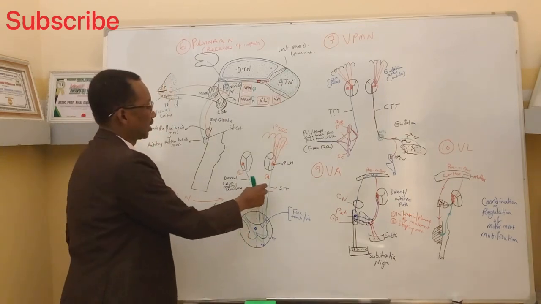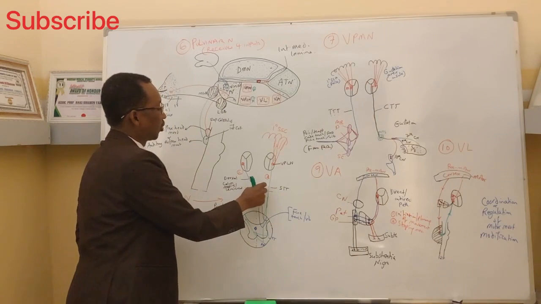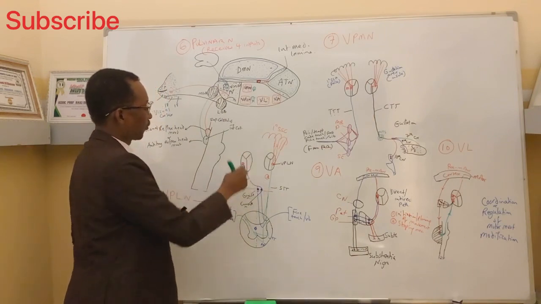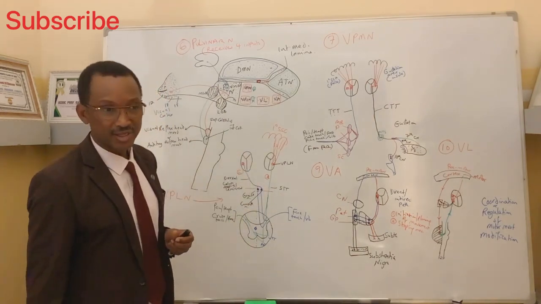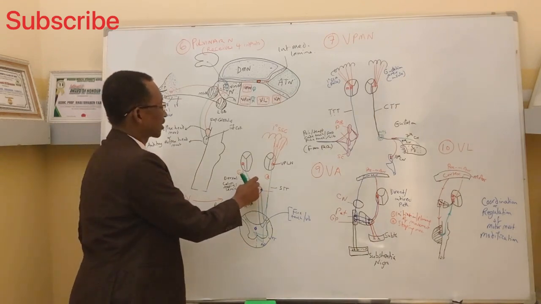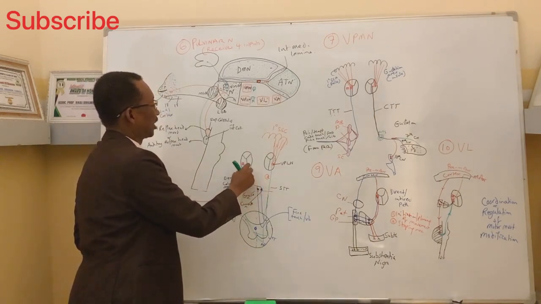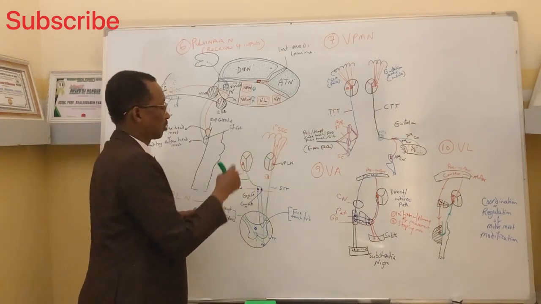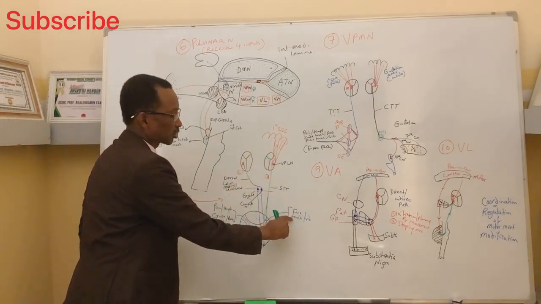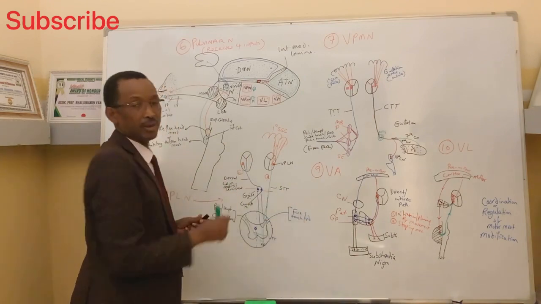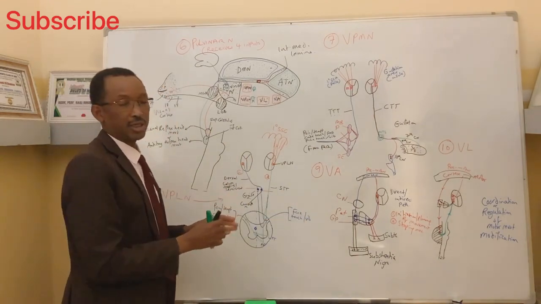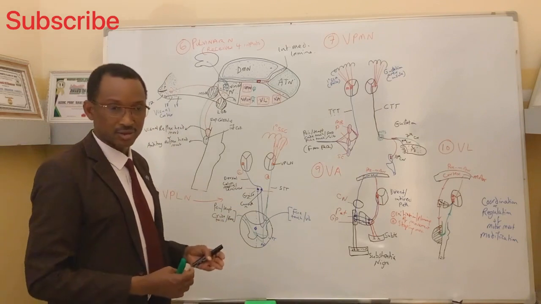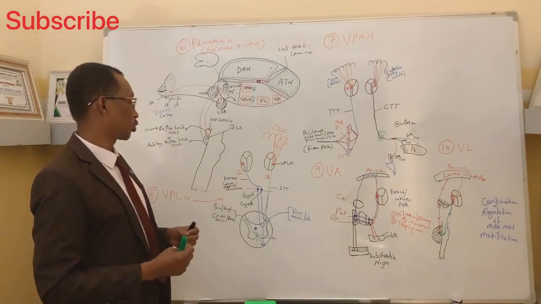From these nuclei, second order neurons ascend up to form what we call the medial lemniscus. And so this medial lemniscus reaches the ventral posterolateral nucleus of the thalamus, carrying fine touch, discrimination touch, and vibration sense, plus the proprioception from our muscles, tendons, joints, and so on.